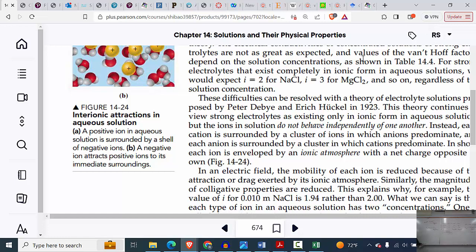This is redundant. But our book decided to make a base table, and in the base table they put ammonia. So we can go ahead and use that. We have 1.0 times 10 to the minus 14, that's Kw. Now Kb, we look it up in the book, it's 1.8 times 10 to the minus 5. And so this gives us a Ka of 5.55 times 10 to the minus 10.